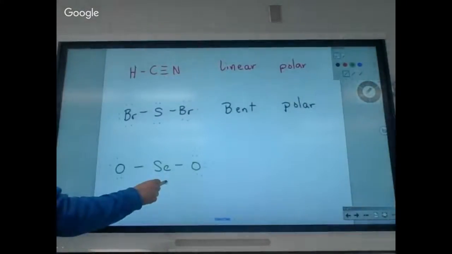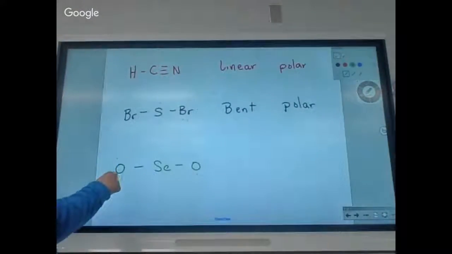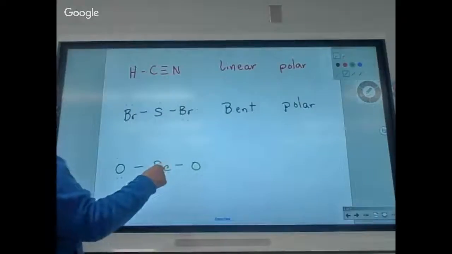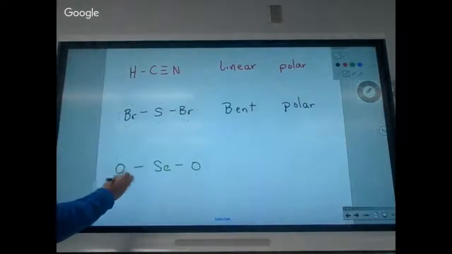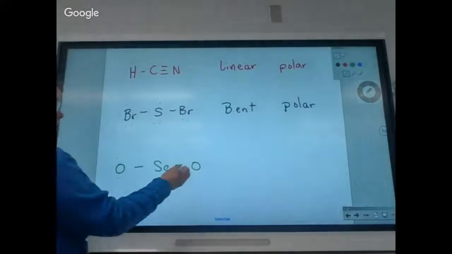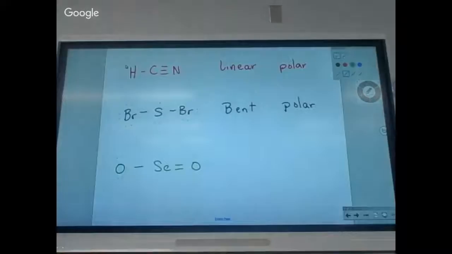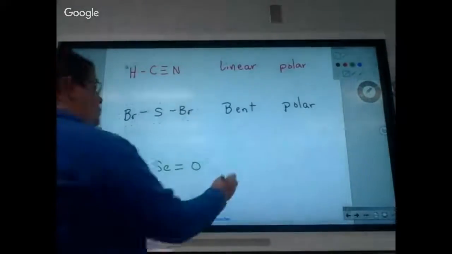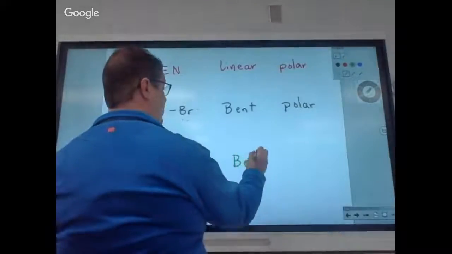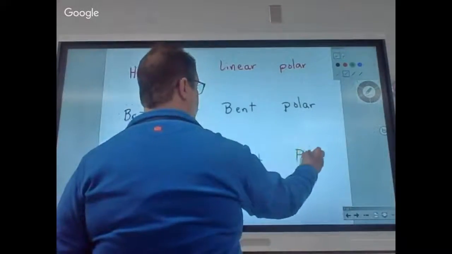You've got to look and say, okay, I need some electrons from either him or him, and they've got to share with this guy. So take 2 off of here and put them over there. Or you could have said, take 2 off of here and put them there. It doesn't matter which O shares, but one of them has to share. Now, this was bent, and it's polar.